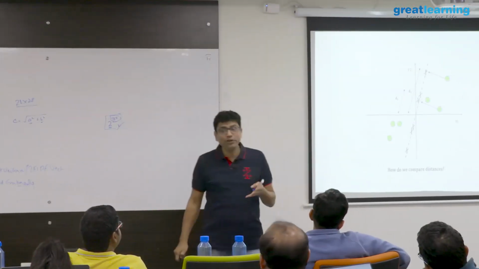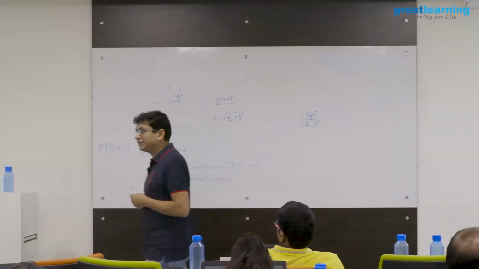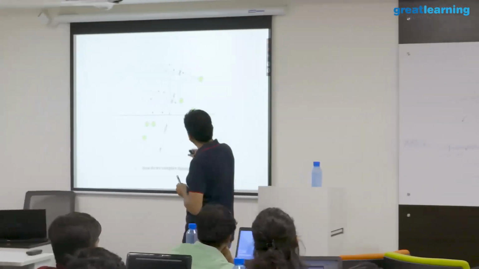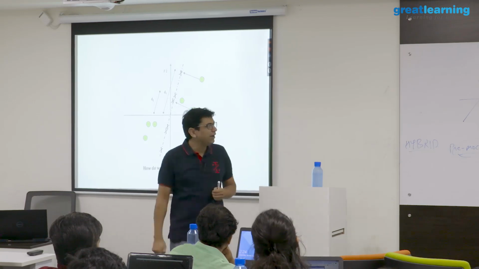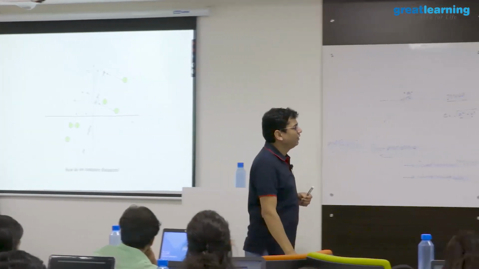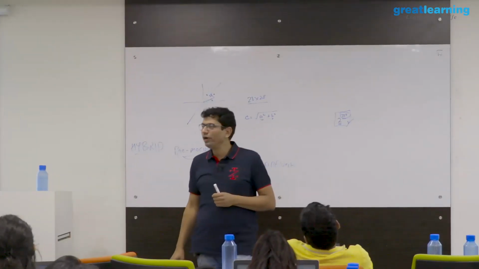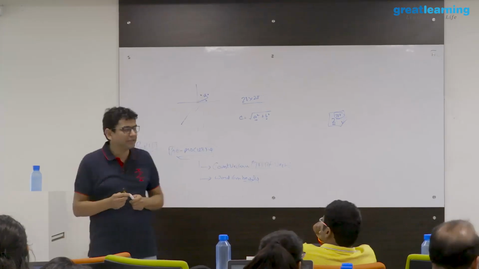So how do we know the best line? We can calculate the distances, and because the distances could be both positive and negative, we square them up and call that SSD, sum of squared distances.